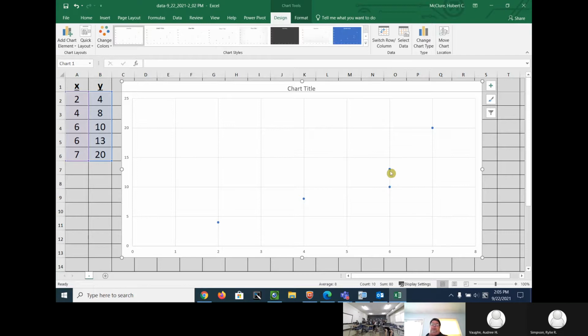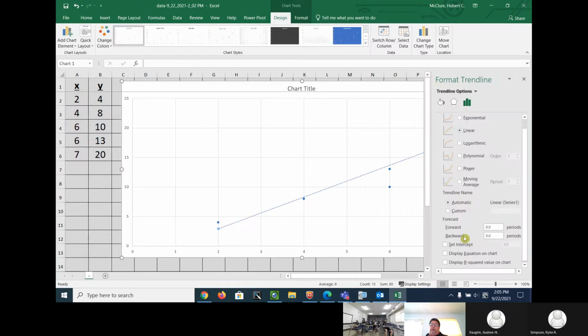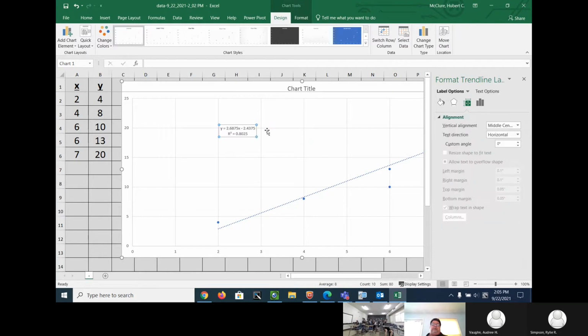Now, if you right click, add trend line, and hit display equation, there is the equation for the line of best fit.